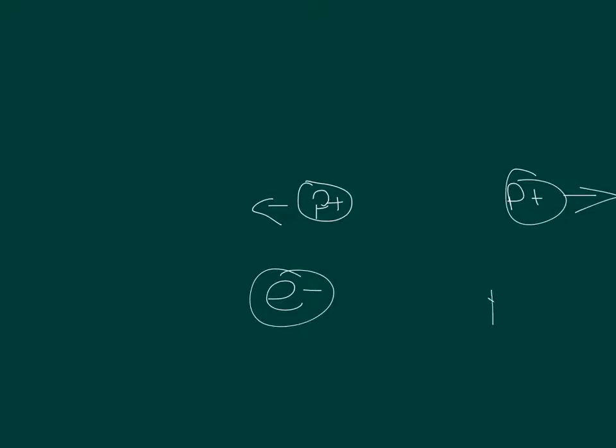A simple thing to remember is that like charges will repel one another. So this one would push this one away, this one would push this one away. Whereas if you have opposite charges, they'll experience a mutual attraction.